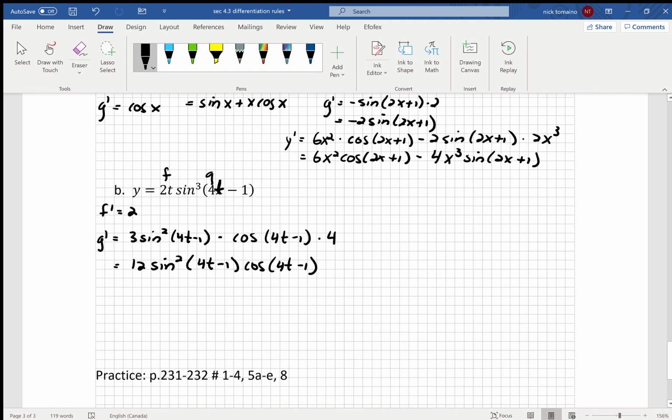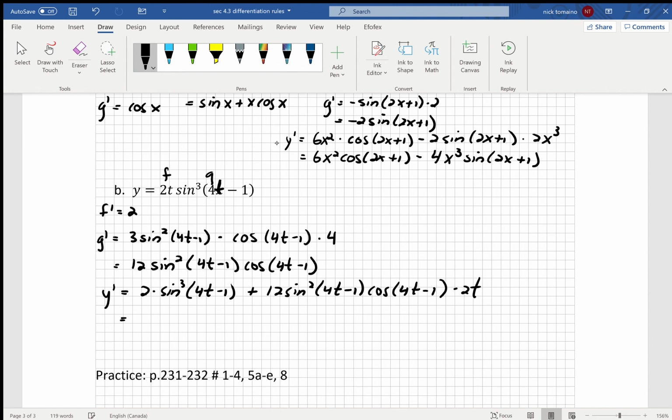All right, let's put it all together. Y prime is equal to f prime 2 times g sine cubed 4t minus 1 plus g prime 12 sine squared 4t minus 1 cos 4t minus 1 times 2t.